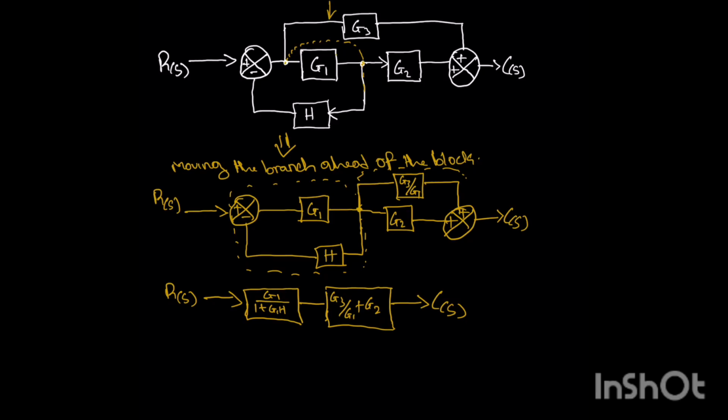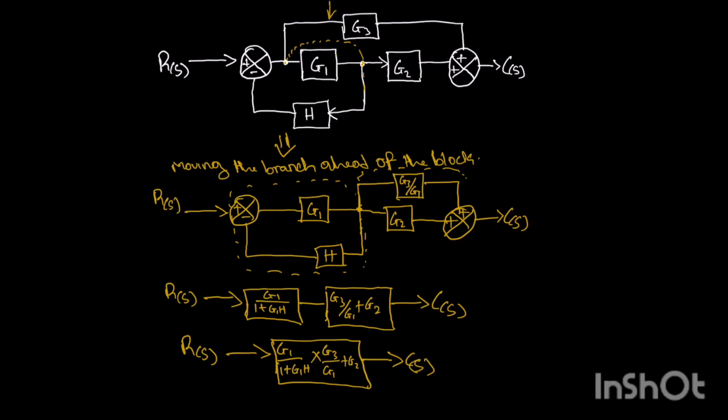The next we are going to do is combine these two blocks in series. We'll be having R of x, we'll be having G1 all over 1 plus G1H times G3 all over G1 plus G2.